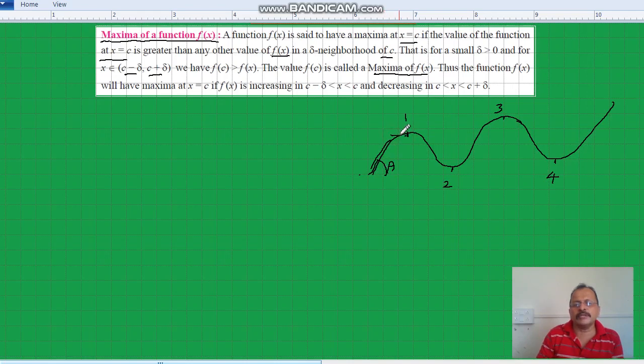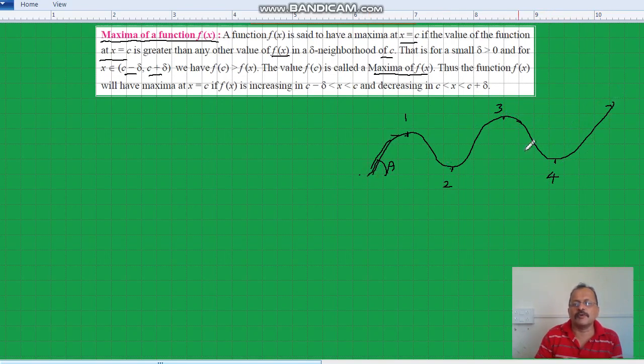But after point number 1 up to point number 2, the values are becoming smaller and smaller, so up to 2 the function is decreasing. And after 2, the function is again increasing up to 3. After 3, the function is decreasing up to 4. After 4, the function is increasing up to infinity, not given in this diagram.